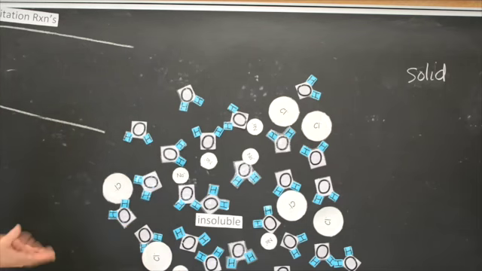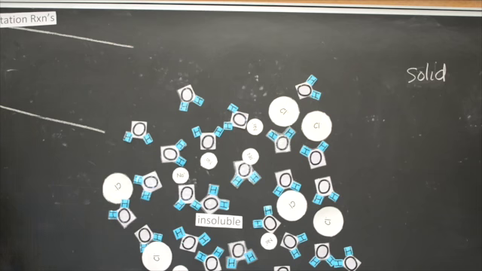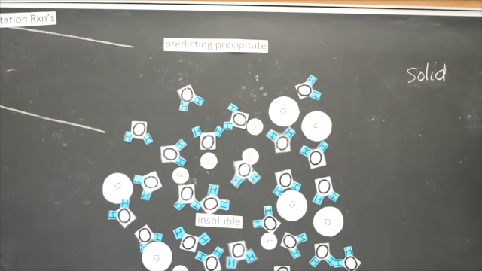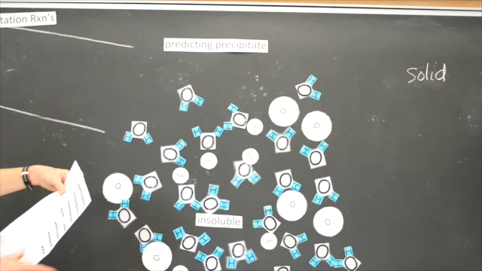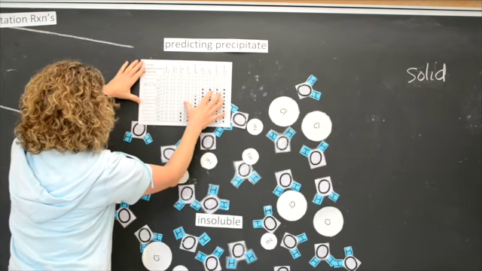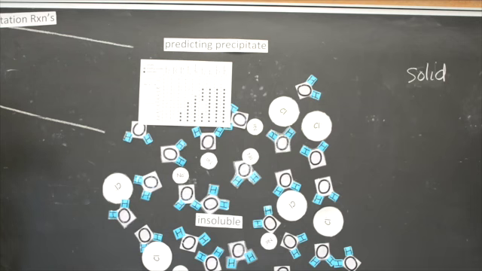So now's the thing. How do you begin predicting the precipitate that will form? If you look in your notes right now, and you go to page 372, you're going to see something like this. Okay? What that is known as is a solubility table.